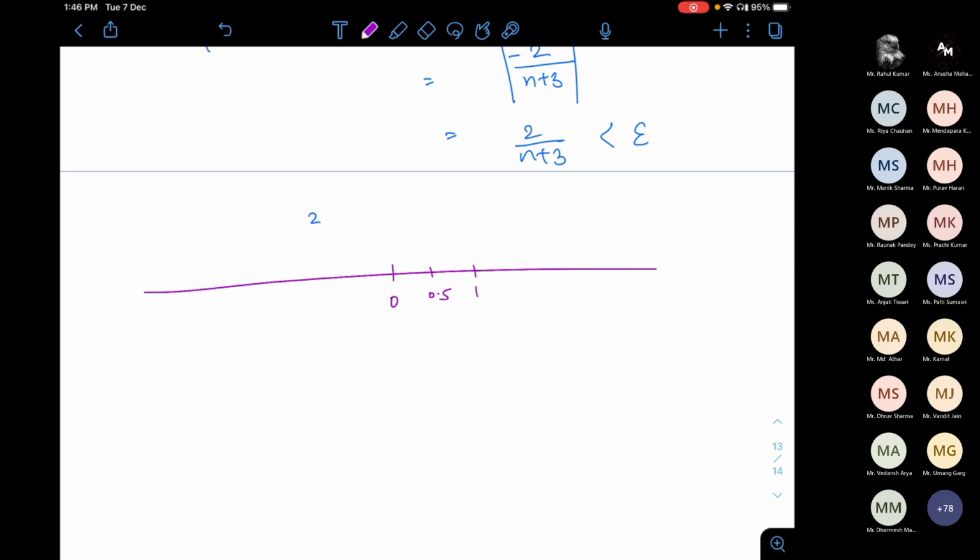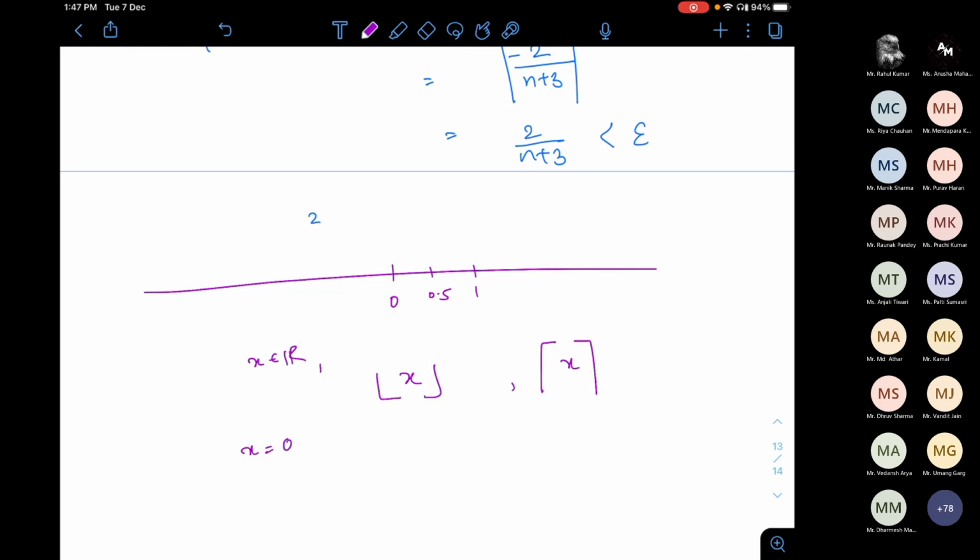You can write any real number x belonging to R, so there can be two parts of a real number: the floor function and the ceiling function. In the floor function, you take the integer which is just less than x.